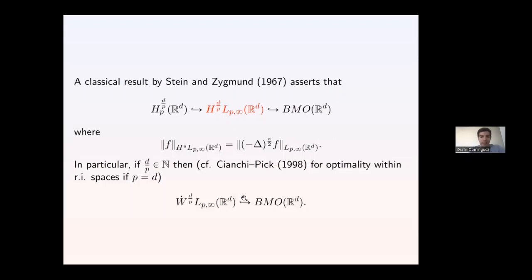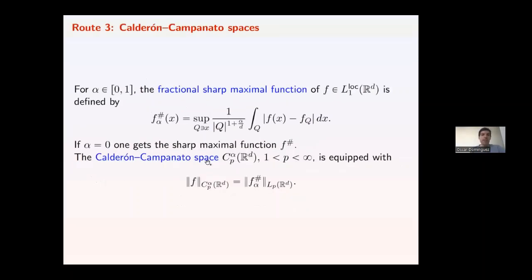But what happens if you change the competitors? So let's see. There is a third alternative that I would like to explain today, and this is based on Calderón-Campanato spaces. This is another way of introducing fractional smoothness spaces.